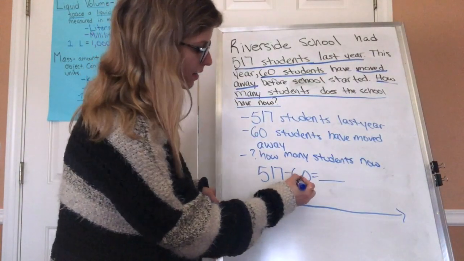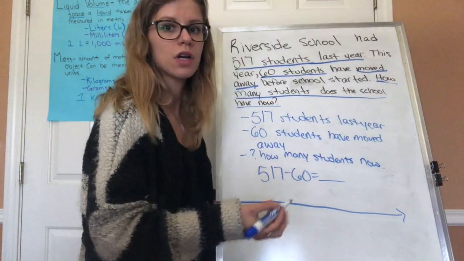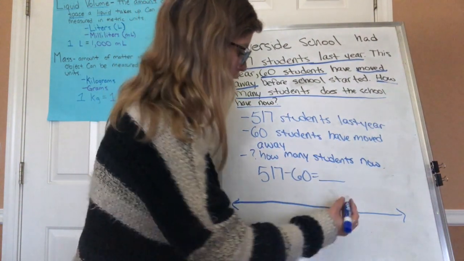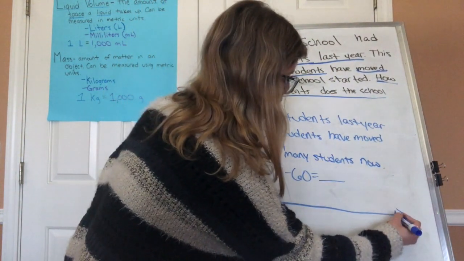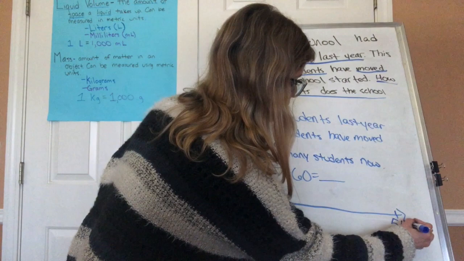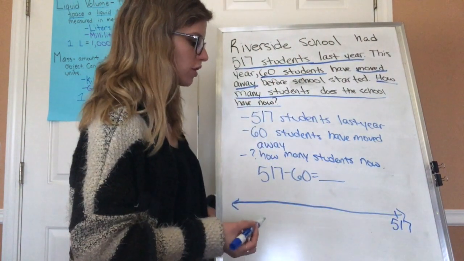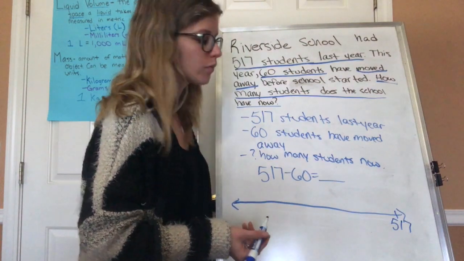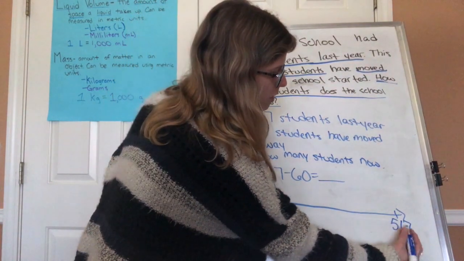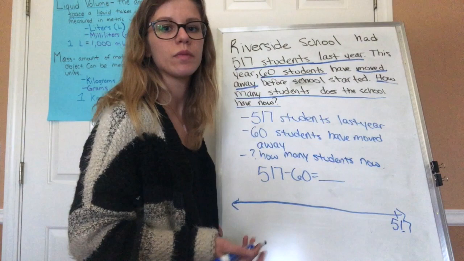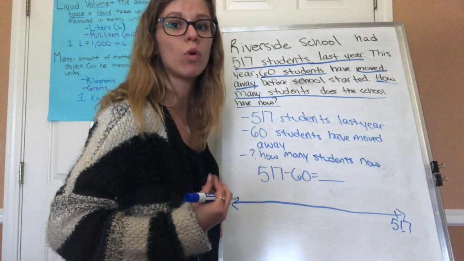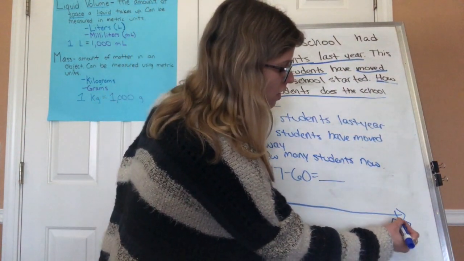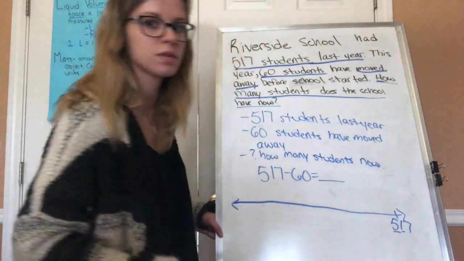So I see that 60 has no ones or hundreds, it's just 60. Well, what I'm going to do is I'm going to make 517, and I'm making it on the right side since it's subtraction. And then I want to take away 60. But I see that in my tens place there's 1. I can't take away 6 from 1, so I know I'm going to have to take away some from the hundreds place.